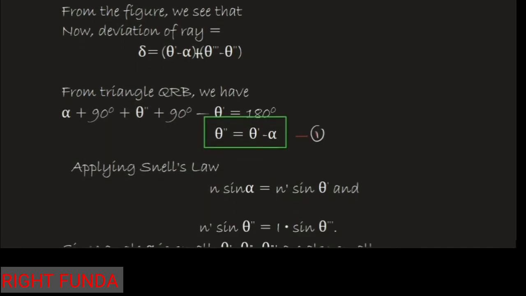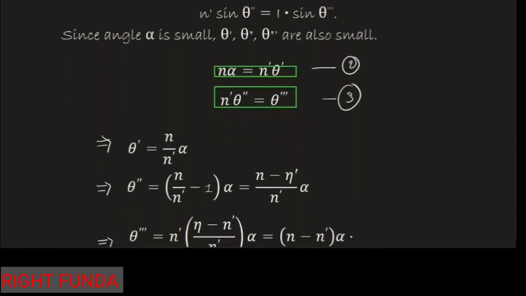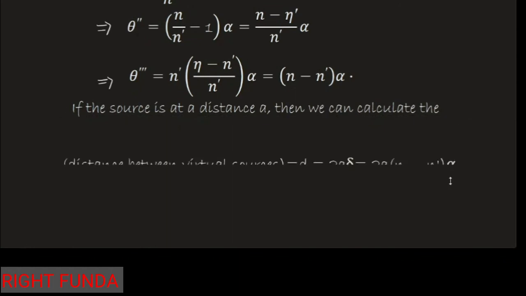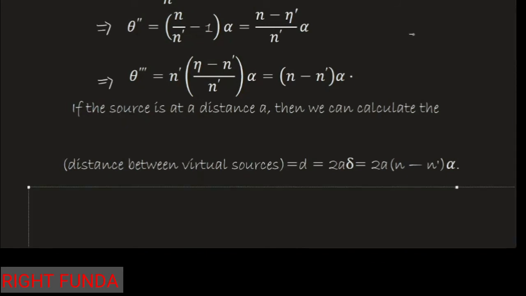If the source is at a distance a from the first refracting surface, then we can calculate the angle of deviation and the distance between the virtual sources, because the ray has been deviated. One virtual source is formed by the first prism, and a second virtual source by the second prism. So I can calculate the distance between the virtual sources.